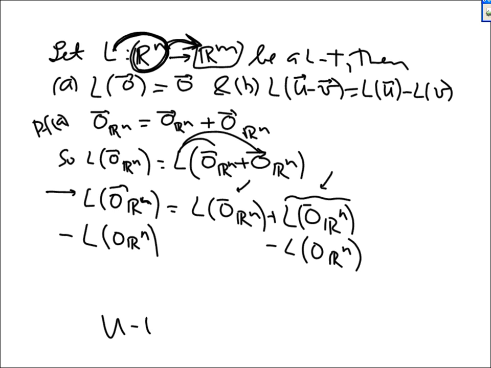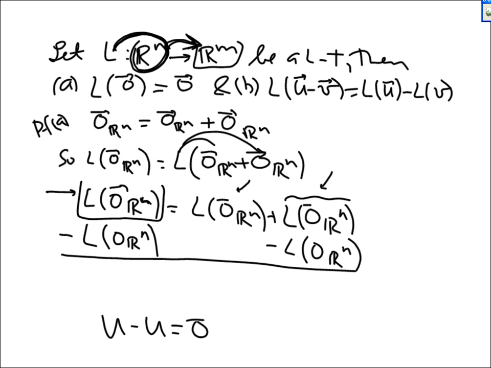Remember, u minus u is the 0 vector. Maybe I should have said that instead of additive inverses. Sorry. The left side, you have a vector in Rm, and you're taking away the same vector in Rm, so you are going to get the 0 vector in Rm.